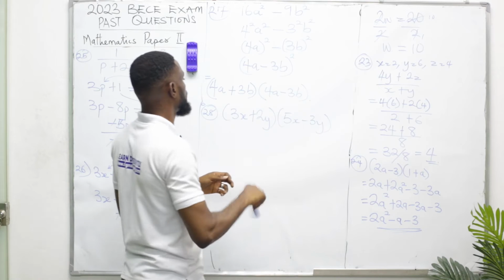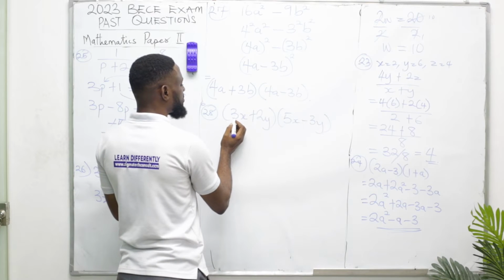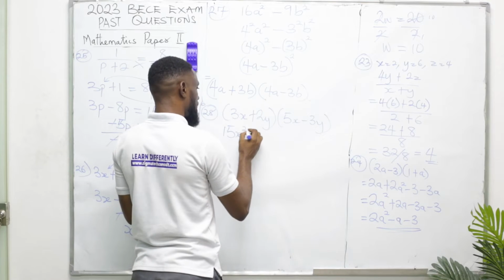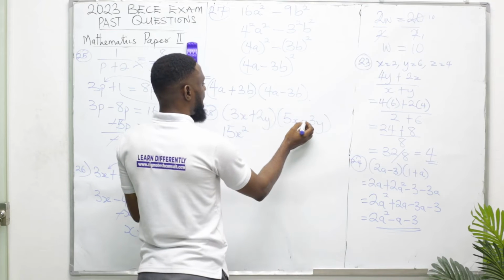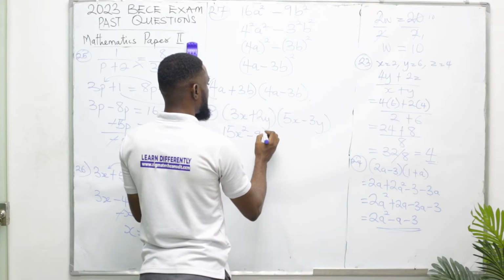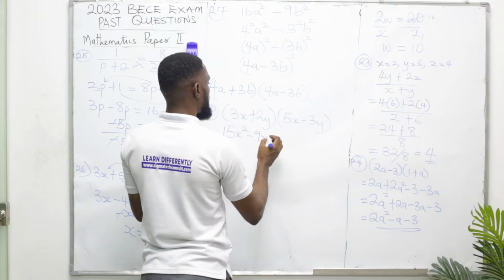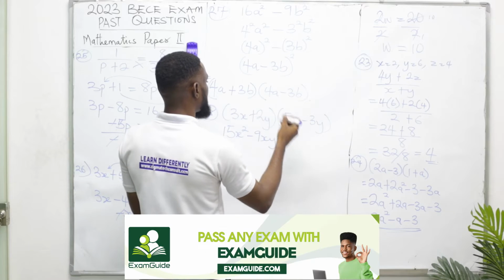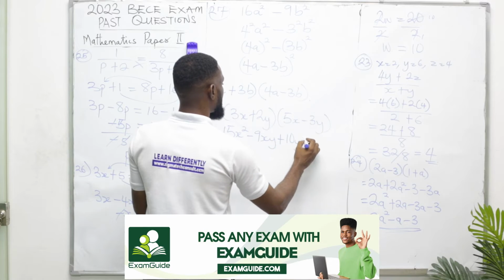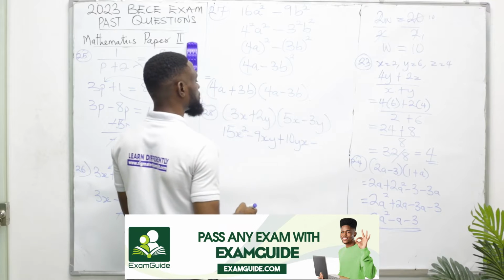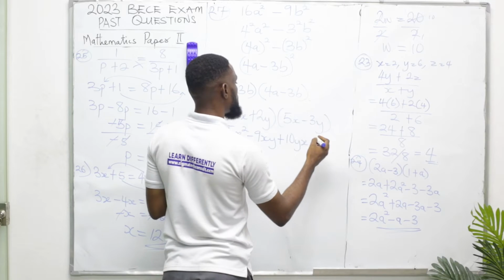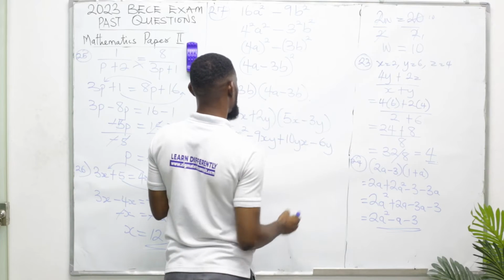So we expand this. 3x times 5x is 15x squared. 3x times minus 3y will give us minus 9xy. Then we have 2y times 5x will give us plus 10yx or xy. Then minus 2y times 3y will give us minus 6y squared, right?